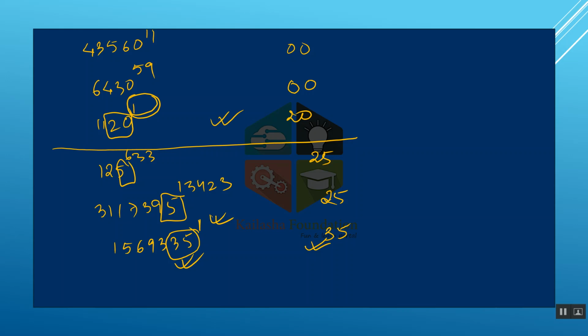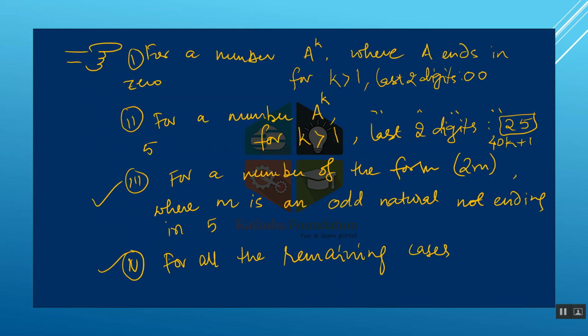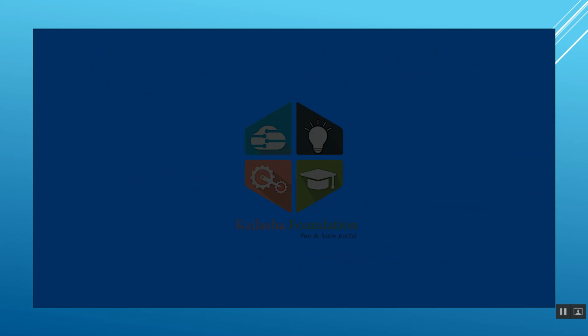Okay, the third case, for number of the form 2m raised to the power 40k plus 1, I am telling you, 2m raised to the power 40k plus 1.